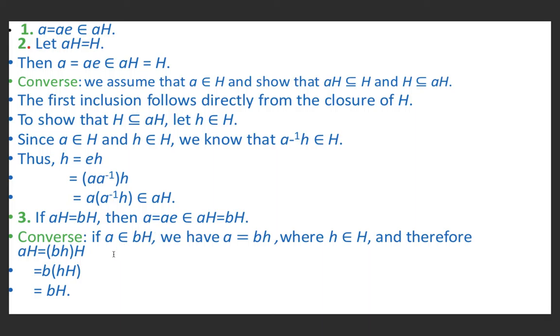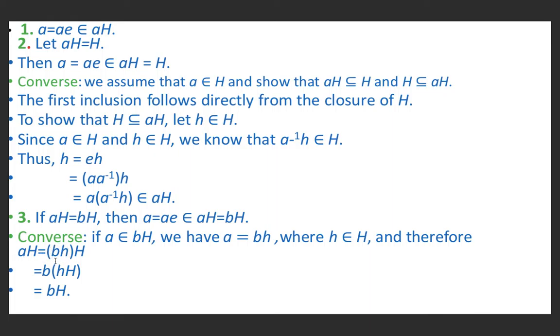Now for the converse, let a belong to bH. Then we can write a equal to bh, where h is the element of H. Therefore, aH is equal to bhH, because a is equal to bh.